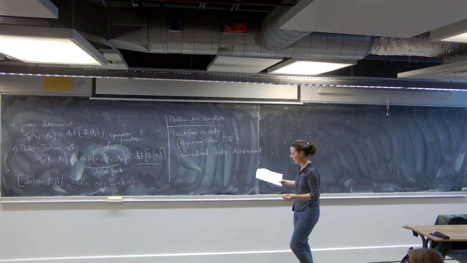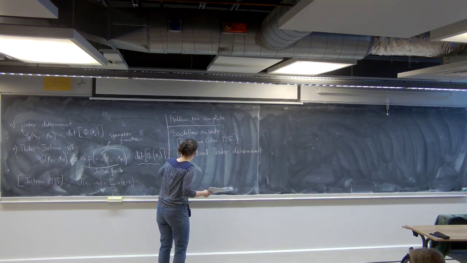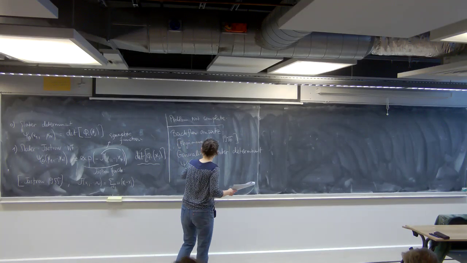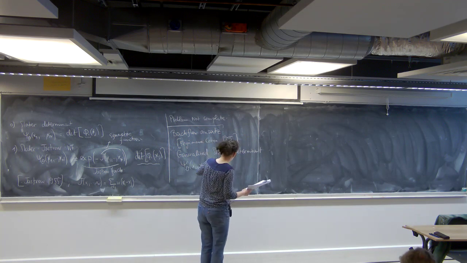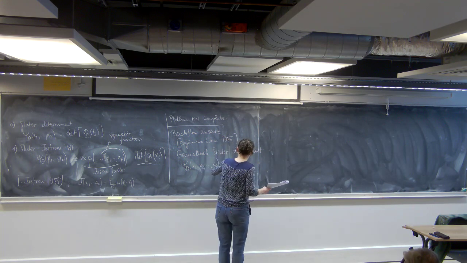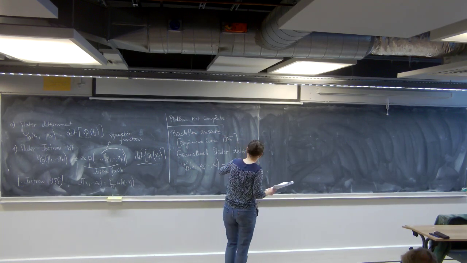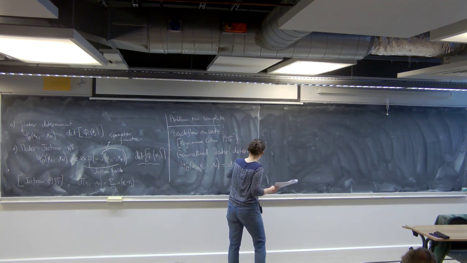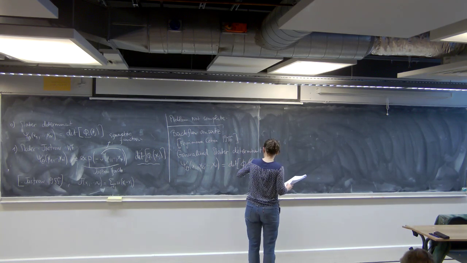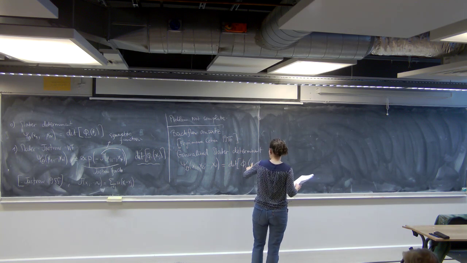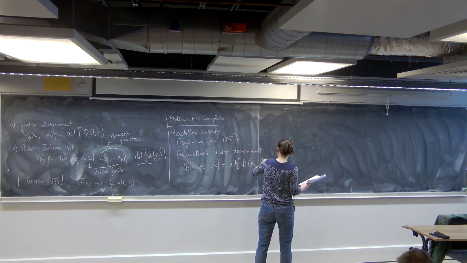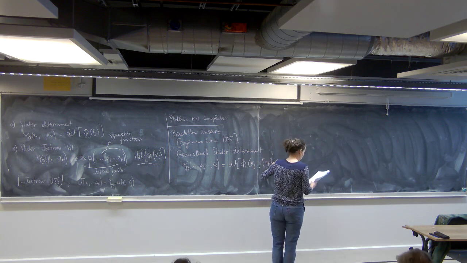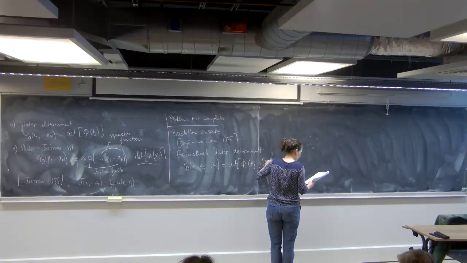One way to write this is to say that the wave function psi_theta(x_1 to x_n) is the determinant of phi_i. We still have n orbitals, but these orbitals depend on x_j and the collection of all the other variables.